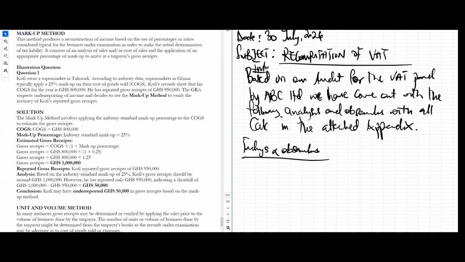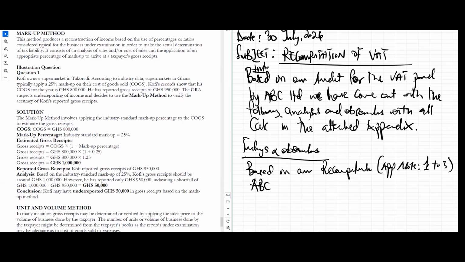Based on our recomputation in the appendix, you can reference the appendix from note 1 to 3.